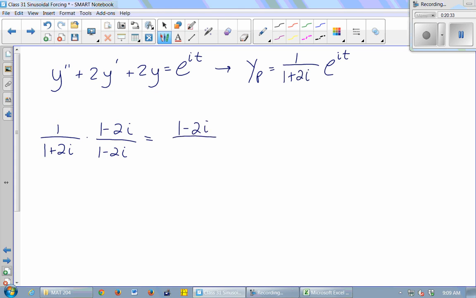And then when I FOIL 1 plus 2i times 1 minus 2i, I get 1, minus 2i plus 2i cancel, plus 4i squared. Sorry, minus 4i squared. But what's i squared? -1, so my denominator is actually a 5 now.